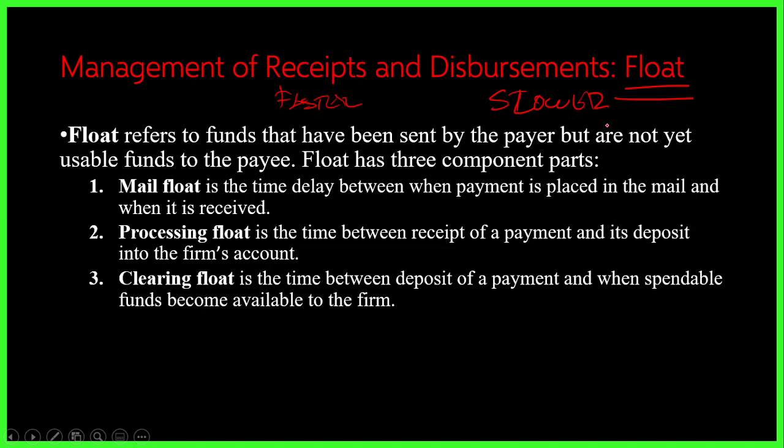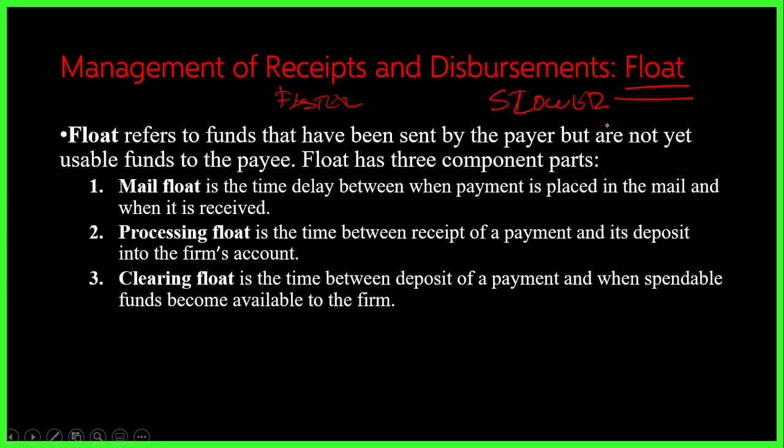Imagine if I can continuously do this. It's disbursed on my records, but the cash is still available for 2 days. And if you keep on doing this, it will earn interest, so your profits will increase. Now, the opposite, what if I was able to speed up my collection?